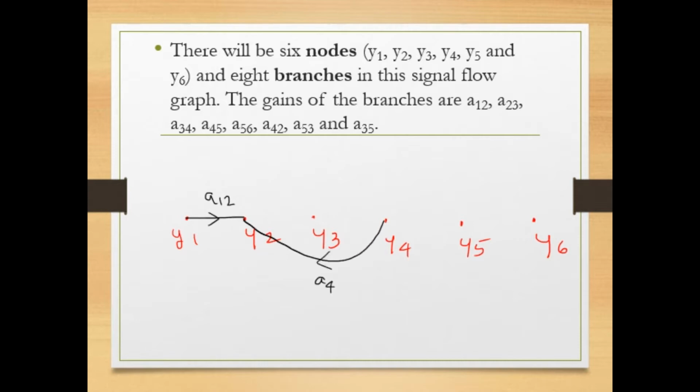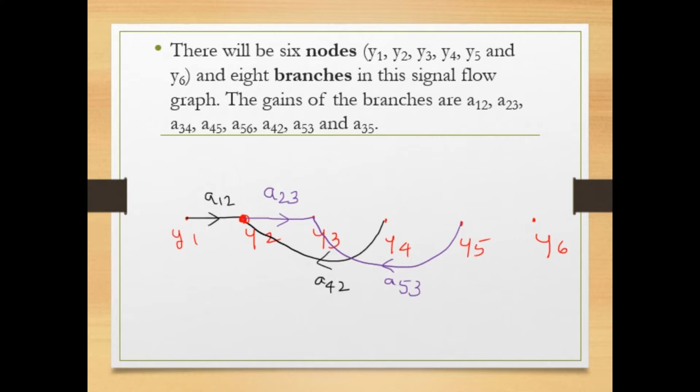So that is this particular node, which is y2. Next, y3 is a23 into y2, which means this direction is the same, plus a53 into y5. Next is y4 equal to a34 into y3.